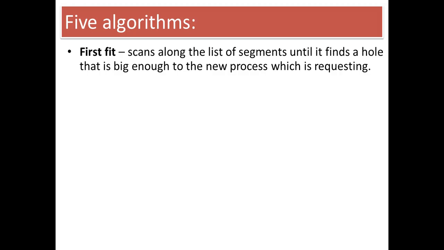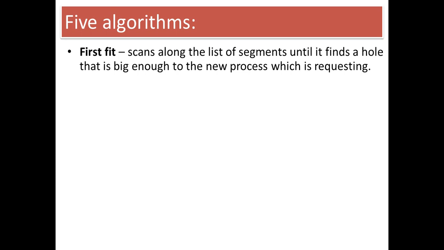So, searching from the start, it finds the first hole of enough size, then assigns this free space to the process. This does not mean it looks for the largest or compares all holes, but simply starts scanning from the start and finds a hole that fits.